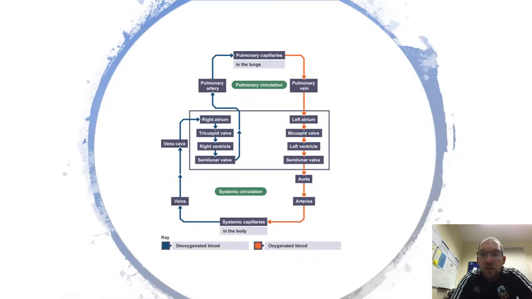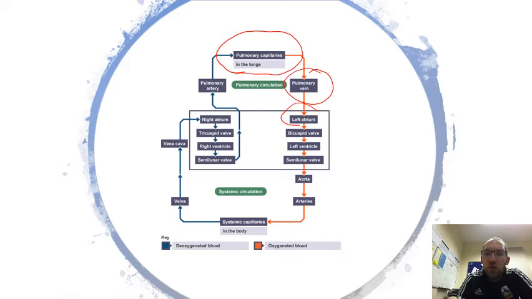So we can see the system here. We've got, in the lungs, our capillaries, our pulmonary vein, into the left atrium, bicuspid valve, left ventricle, semilunar valve, aorta, into arteries, to the rest of the body.